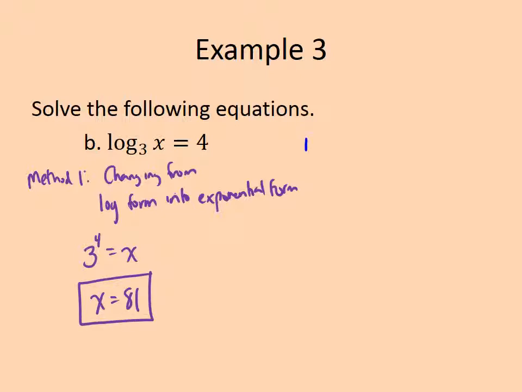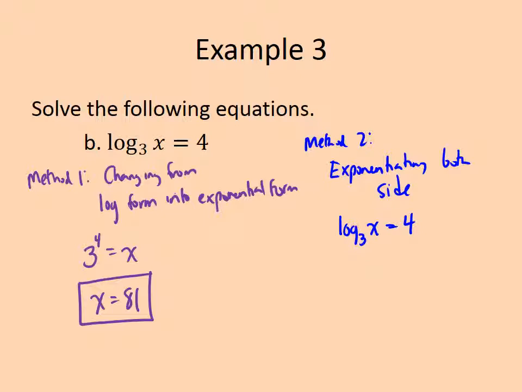Method 2 is exponentiating both sides. So we start with log base 3 of x equals 4. Now, since it's log base 3 of x, we'll take 3 and raise everything to that power.